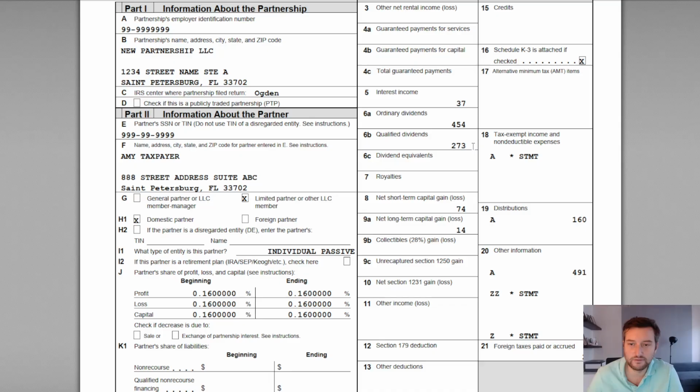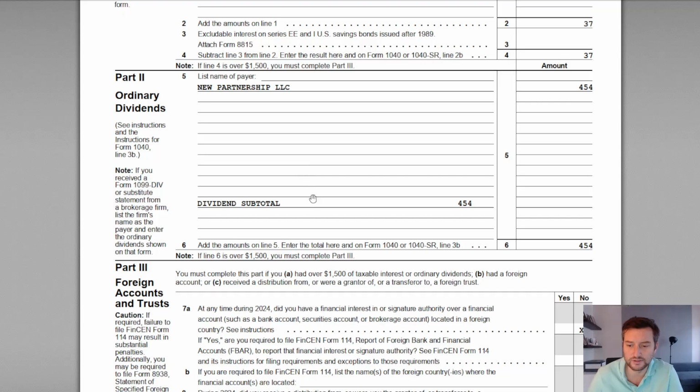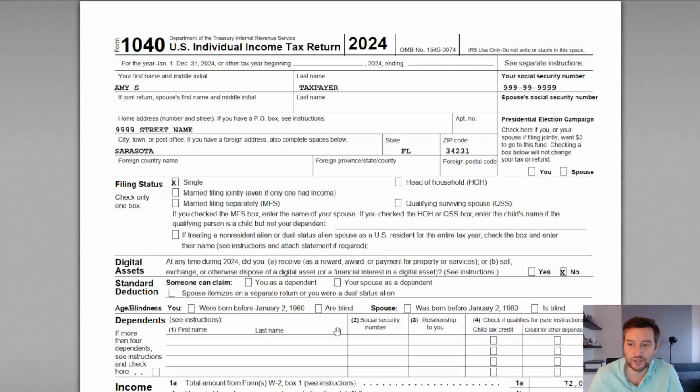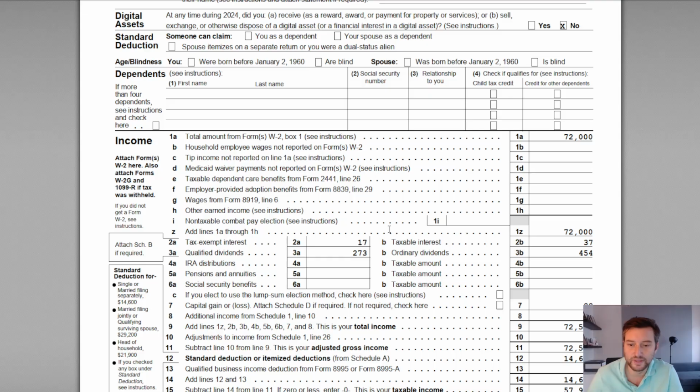So we have $273 in dividend income, and that effectively gets reported in two places. So the first one, we have to report it up on page 1 on lines 3A. So line 3A, we can see the qualified dividend amount. There's our $273 figure.